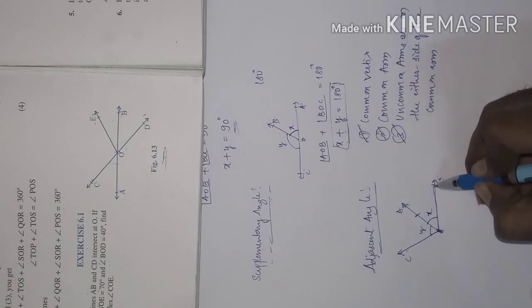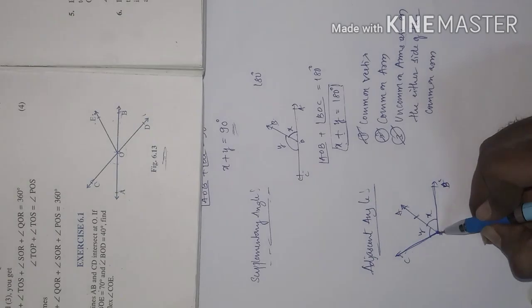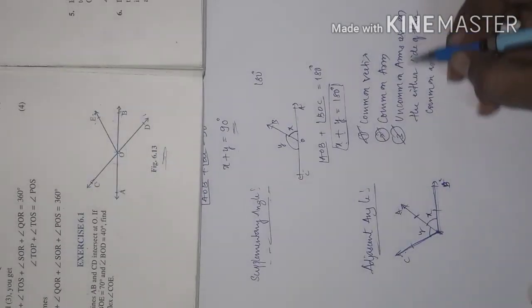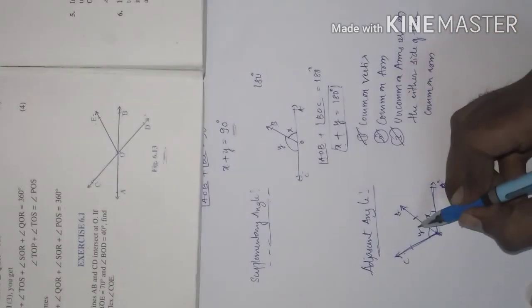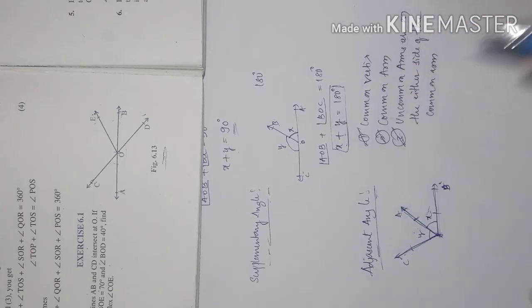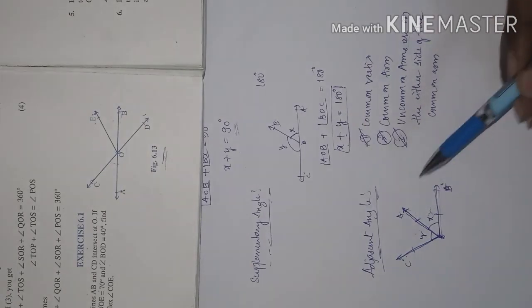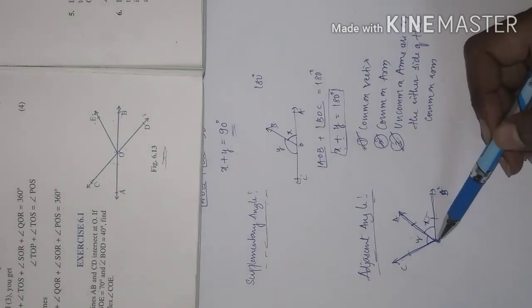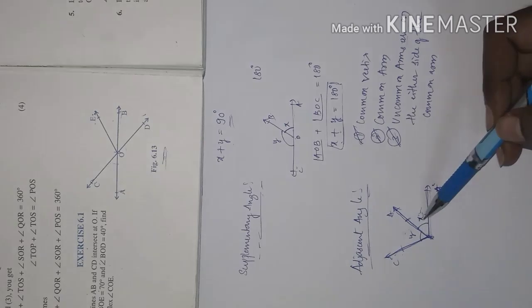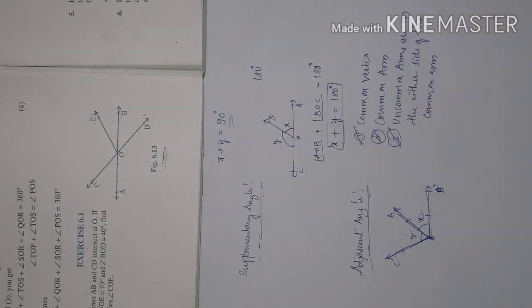OB and OC are the uncommon arms here, which are on either side, beside the common arm. If these three conditions are satisfied, then they are said to be adjacent angles. I will repeat that: adjacent angles are the angles which have a common vertex, a common arm, and the uncommon arms are on either side of the common arm.